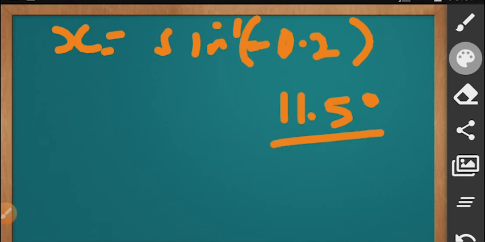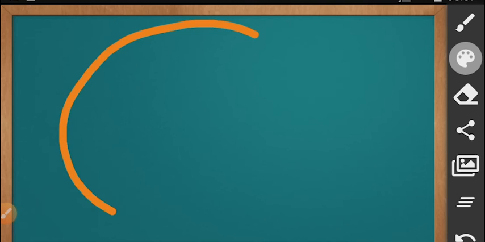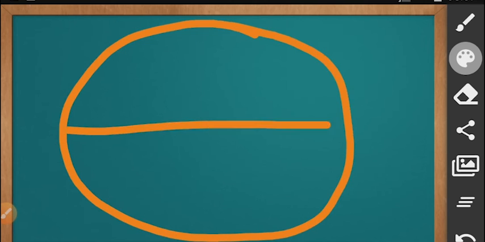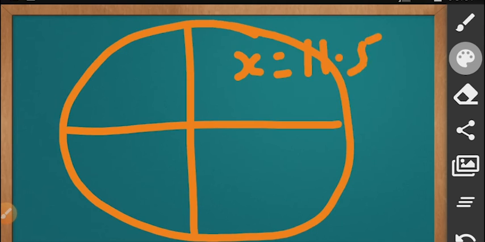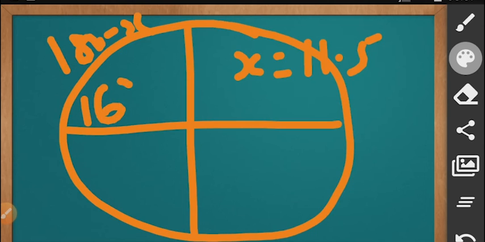Now this answer is not the answer that we are taking. It just helps us to draw this diagram here. Are you getting that? So our x here is 11.5. Then we know how to get this angle here. It is 180 minus x, so it's going to be something like 168.5.